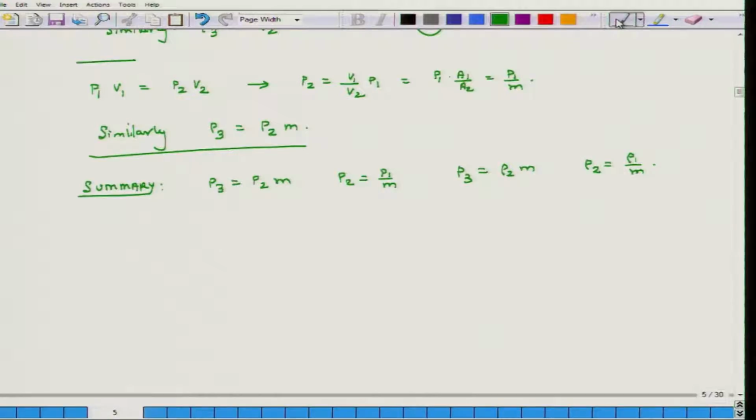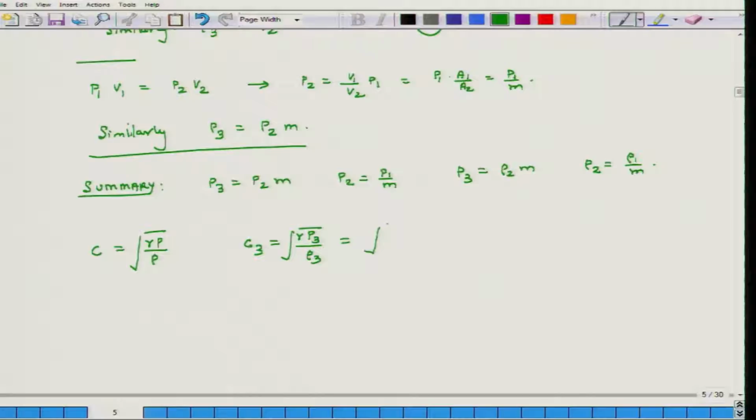Next we will compute the velocity of sound. We know that C equals the square root of gamma times pressure divided by density. So C3, the velocity of sound in the third section, equals the square root of gamma P3 divided by rho 3.